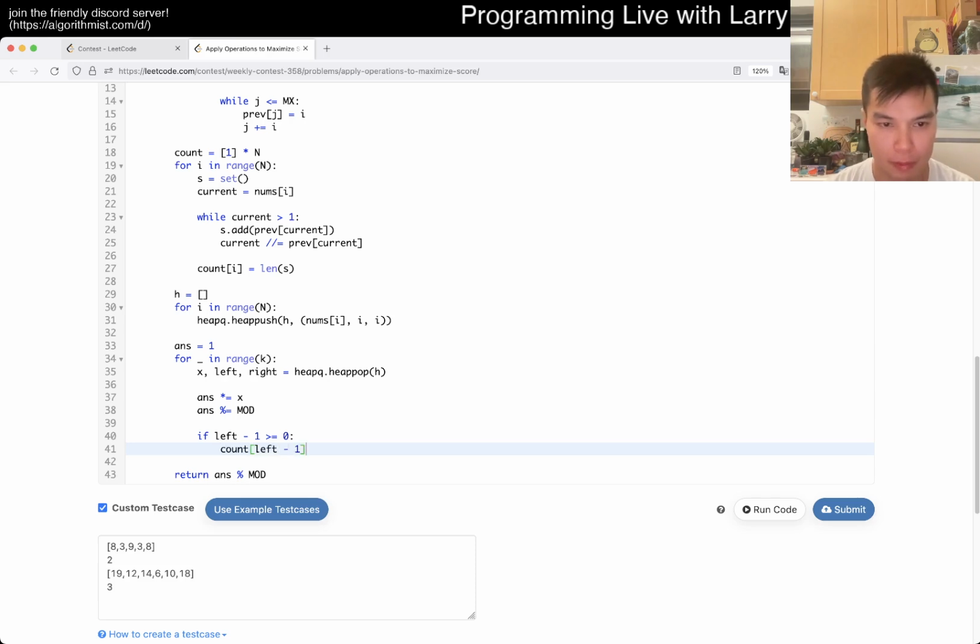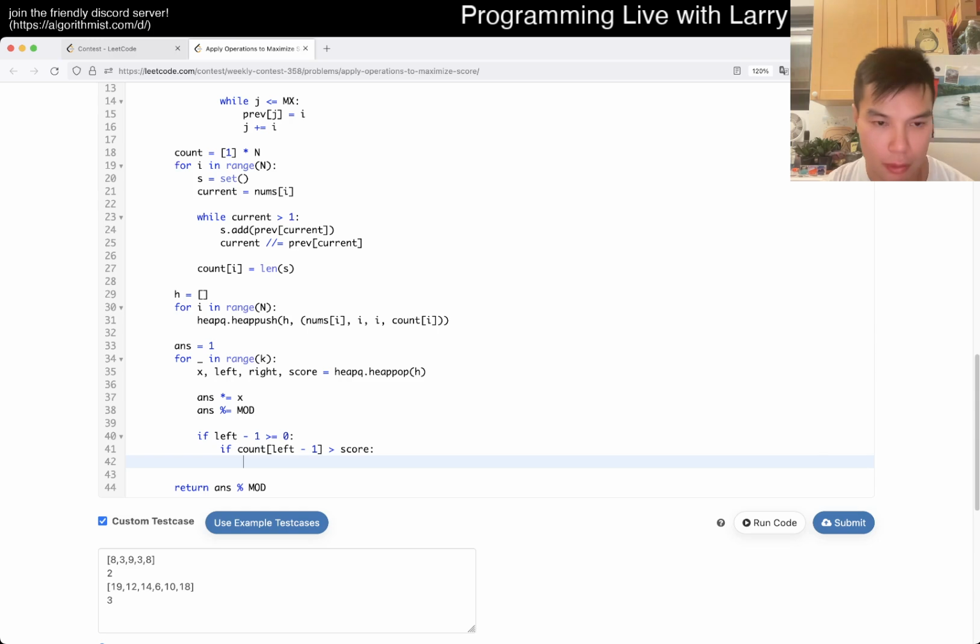Count. Maybe I do something like, if the count is greater than score, then we should try it.